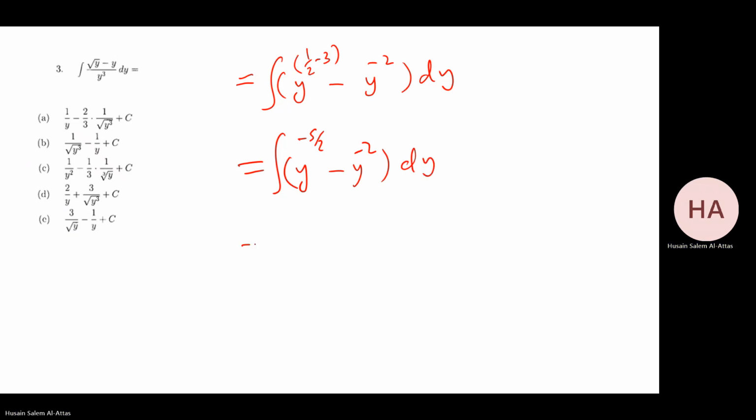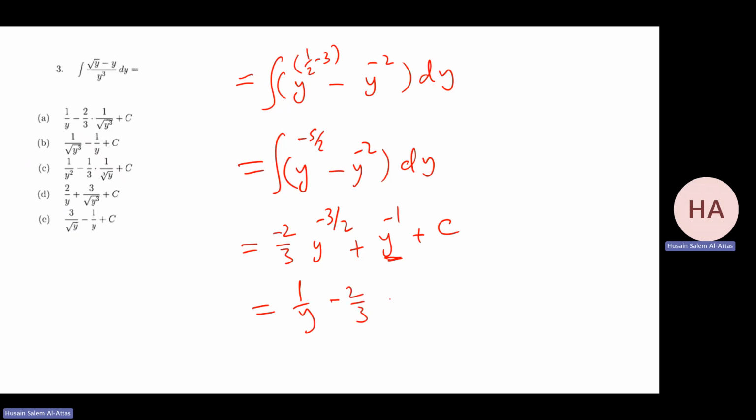Add 1 with minus 3 over 2, so that is minus 1 over 2. Y to the power minus 3 over 2. This one will be plus y to the power minus 1 plus c. So that will be 1 over y. This one is 1 over y to make it in the same order. Minus 2 over 3. This one, this is the minus sign, so it's 1 over square root y cubed plus c, which is this.